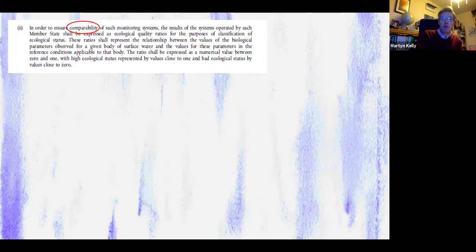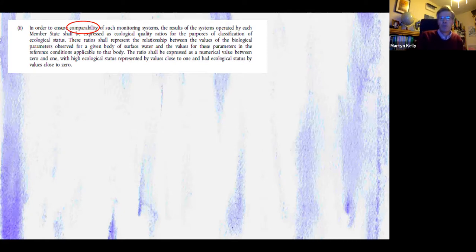So a word that's cropped up a couple of times already and will crop up again as the talk goes on is this word comparability. The EU wanted consistent application of the Water Framework Directive across the entire territory.